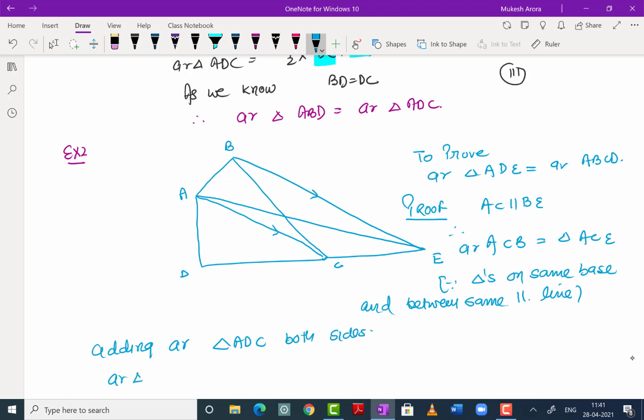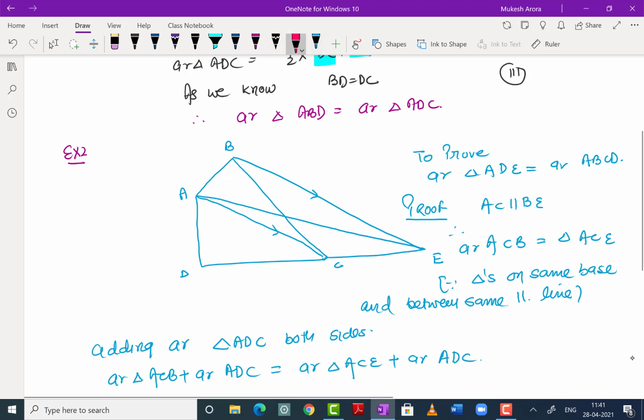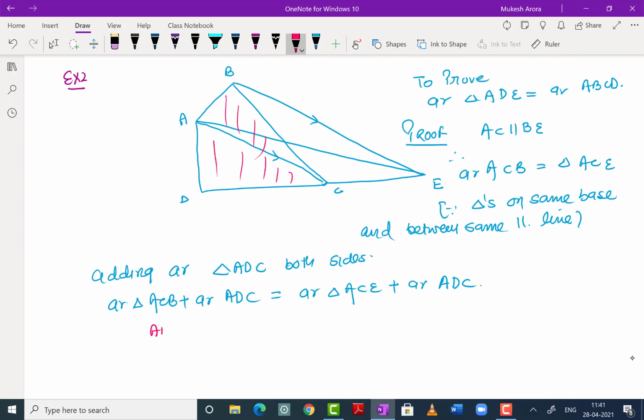So area of triangle ACB plus area of ADC is equal to area of triangle ACE plus area of ADC. ACB, when we add in this, it becomes quadrilateral ABCD, which is equal to area of triangle ADE.